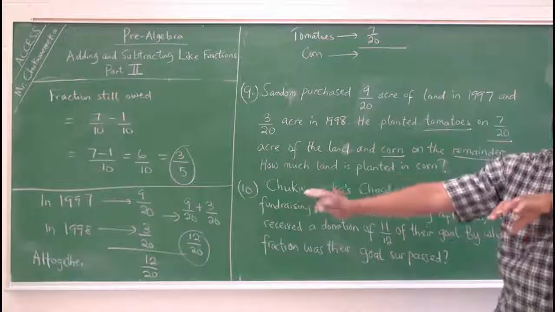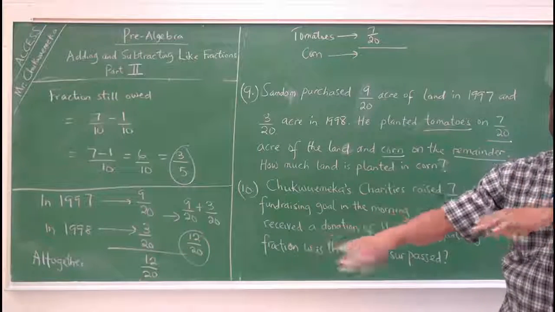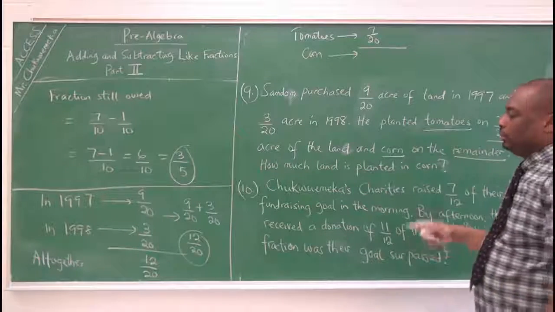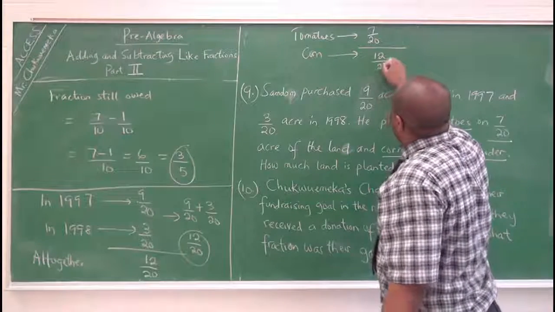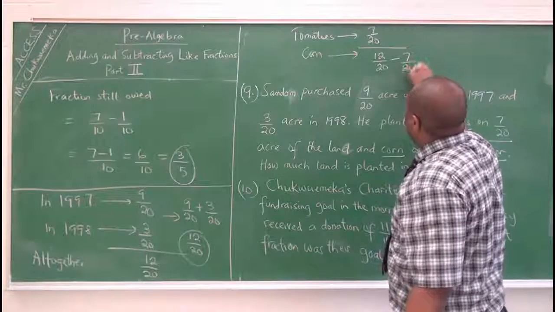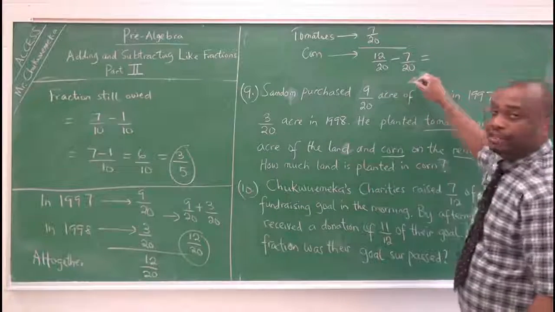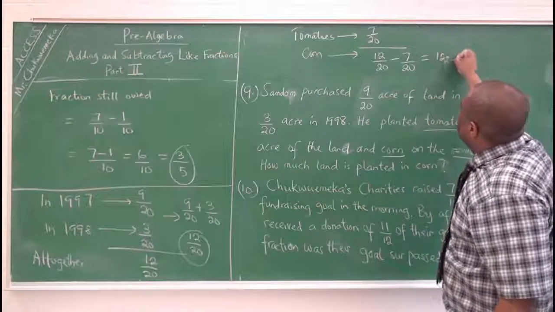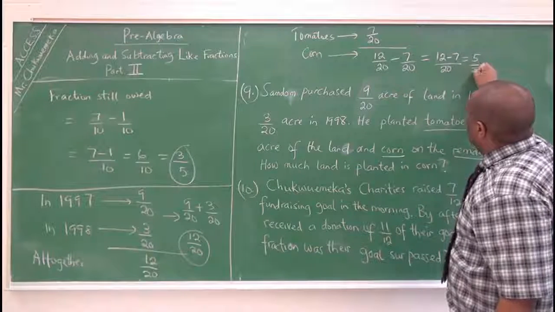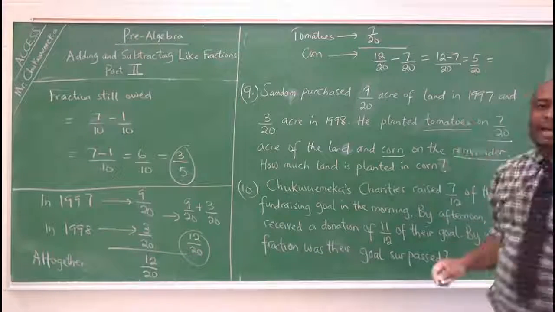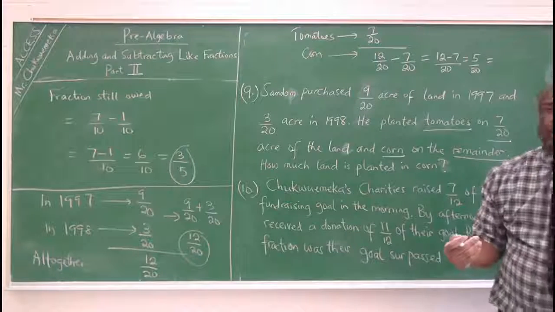So what fraction did he plant corn on? This will be 12 out of 20 minus 7 out of 20. They have the same denominator. This will be 12 minus 7 out of 20, which is 5 out of 20. And then at the final answer, you can simplify.